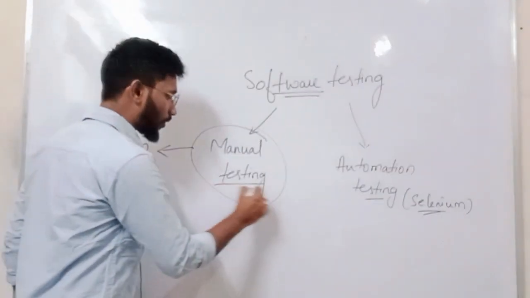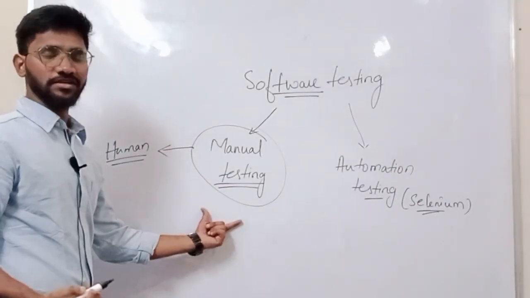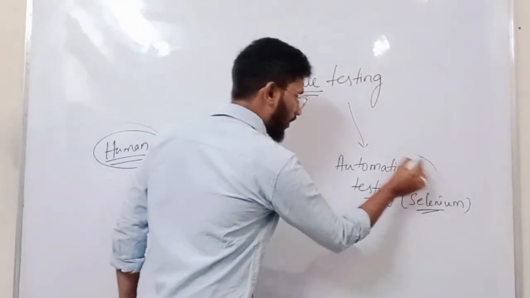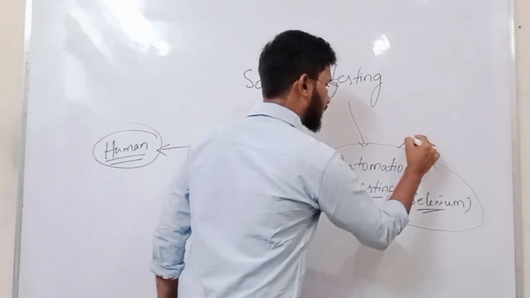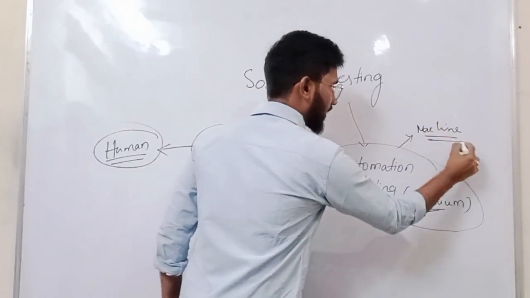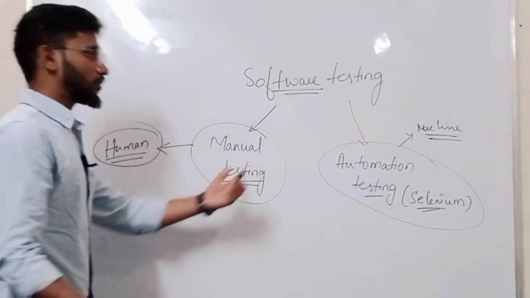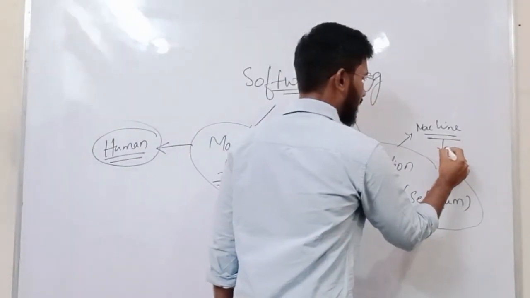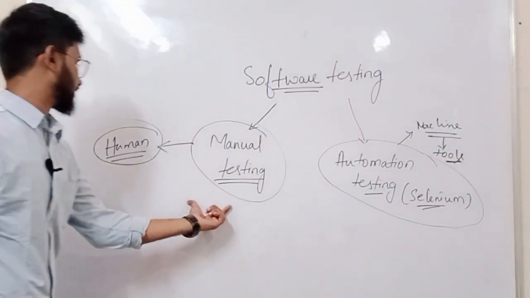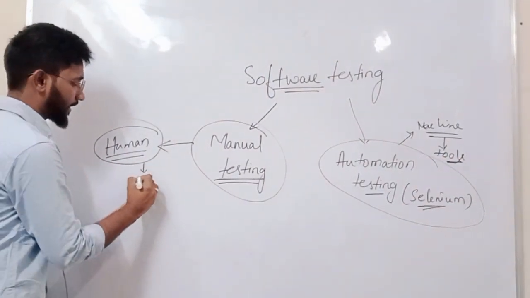So let me tell you the small definition. Manual testing is done only by humans, and automation testing is done with the help of machine interaction. To interact with the machine, we mandatorily require tools. For manual testing, there is no need to use any tools.